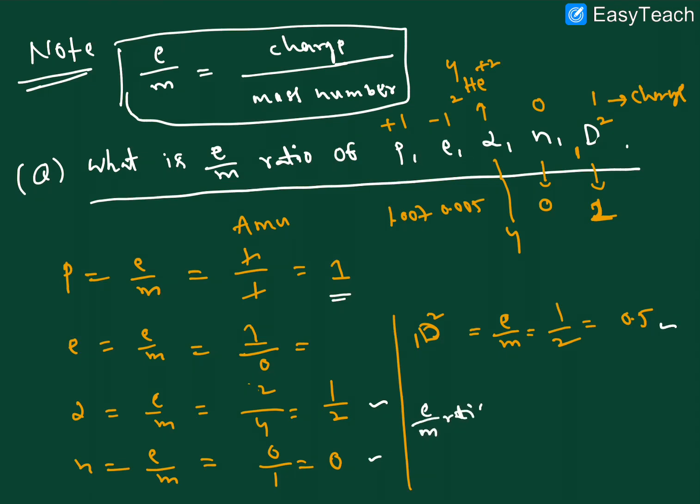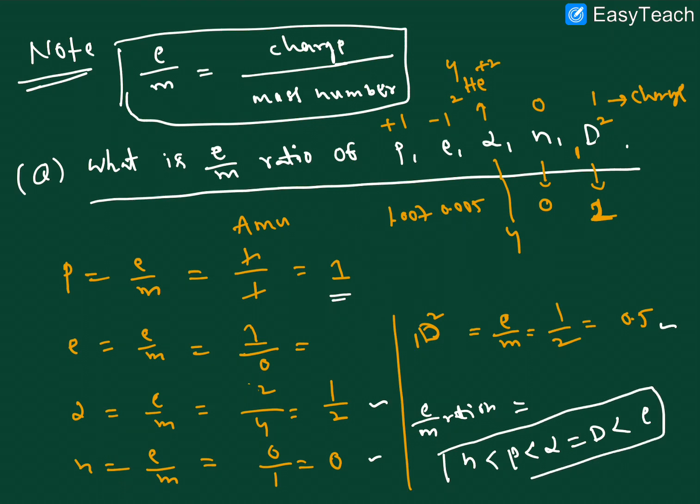Now the order of the specific charge: neutron is 0, very low, and next proton, then alpha and deuterium equal, and the highest is the electron. So this is the order of the E by M ratio.